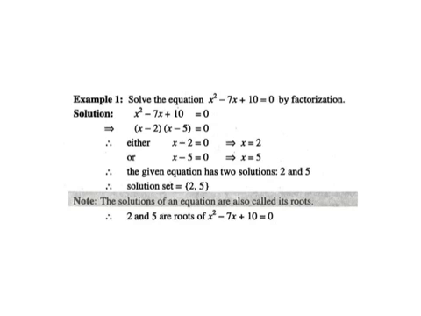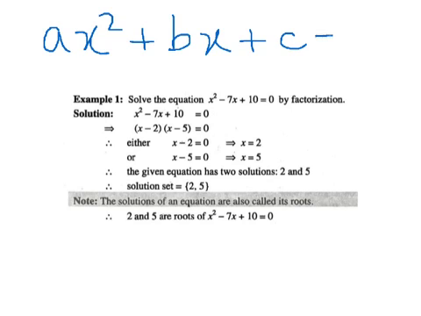As described earlier, the prototype of a quadratic equation is ax squared plus bx plus c. Now, comparing that prototype to the equation which we have been provided with, x squared minus 7x plus 10, we can deduce the values of a, b, and c.